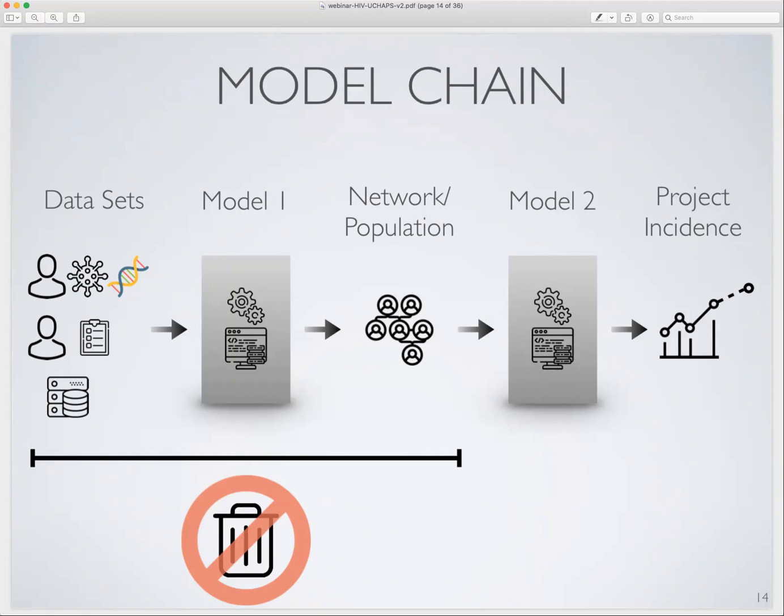You remember that I highlighted the importance of the quality of data inputs for models. And here, with this network reconstruction, we can significantly improve the quality of information that will be fed into an incidence projection model. So this is an important point here. Different types of models are made to study different types of questions, and you do not necessarily need to use only one single model to answer your question.